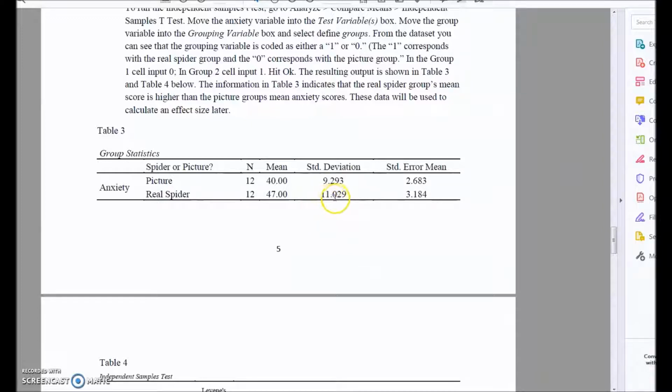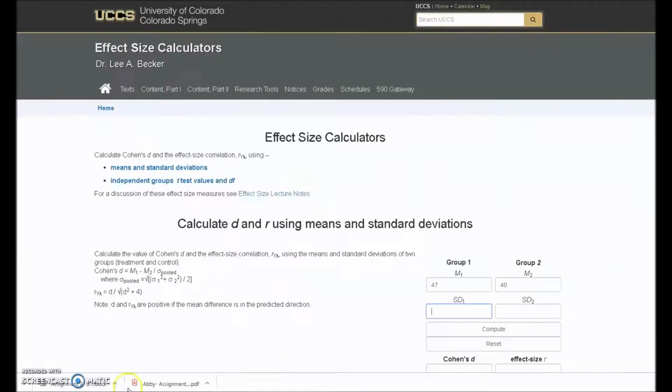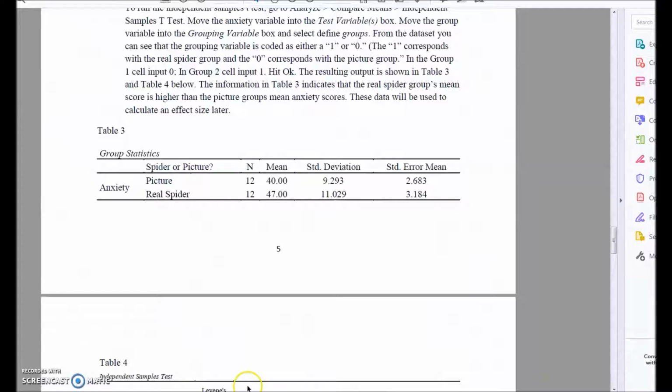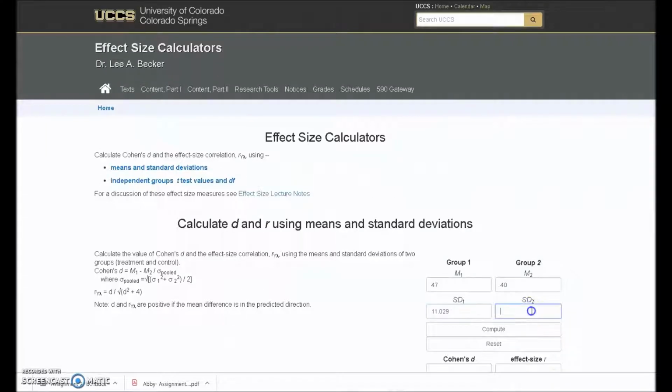Then I have 11.029. It is important that you do not mismatch the standard deviation. So the standard deviation of the real spider group, group 1, goes here, and the standard deviation of group 2, which is 9.293. And then I press compute.